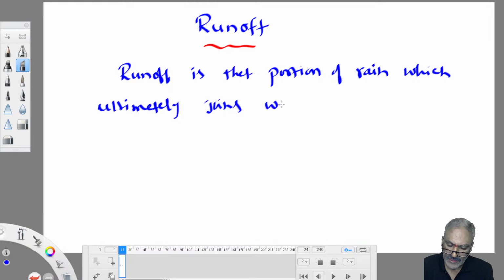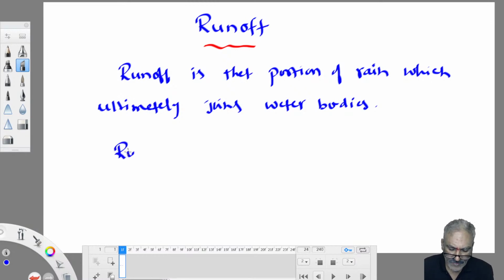Infiltration and runoff, these two topics are very, very important. That portion of rain which ultimately joins water bodies such as rivers, lakes, ponds, reservoirs, they are all water bodies, isn't it? They collect runoff from a catchment. So runoff is that part of rainwater which is ultimately drained into a water body.